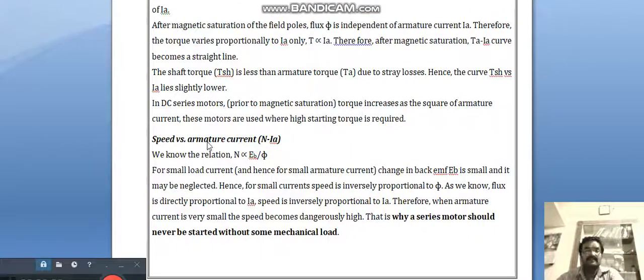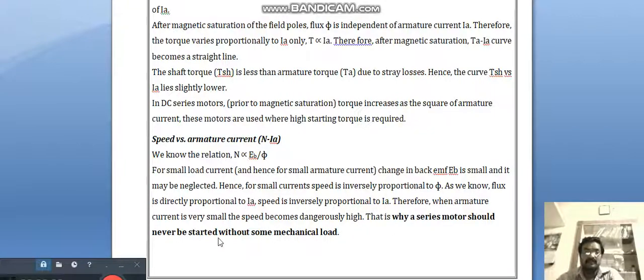Speed versus armature current, N versus Ia. We know the relation N is directly proportional to Eb by φ. For small load currents, the change in back EMF Eb is small and may be neglected. Hence, for small currents, speed is inversely proportional to φ. As we know, flux is directly proportional to Ia, so speed is inversely proportional to Ia.